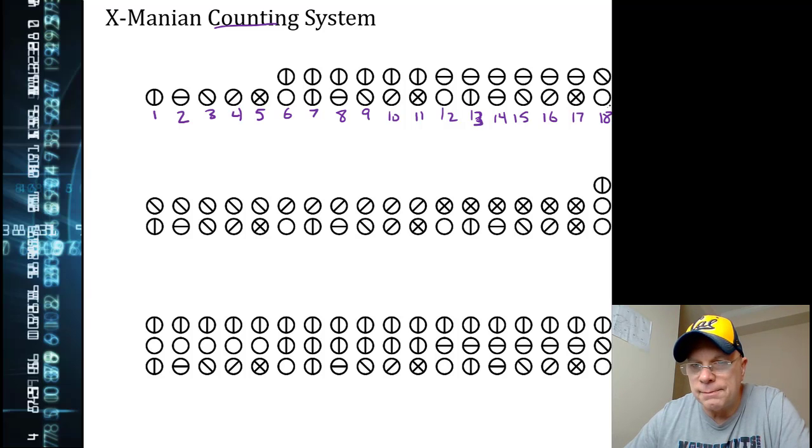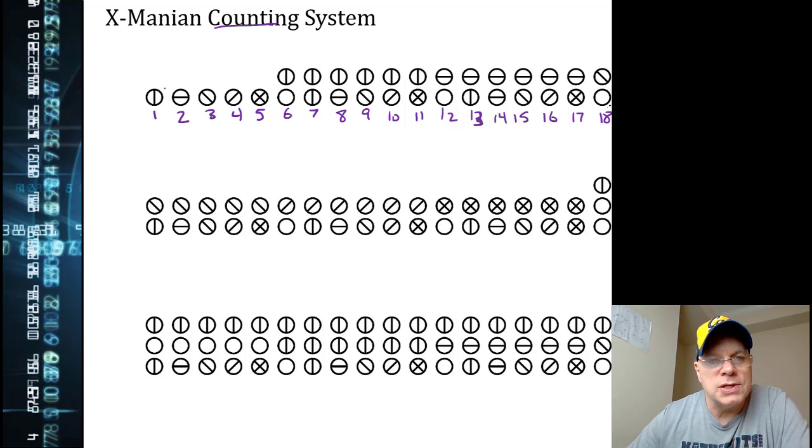When you look at their numbers, obviously they look very different from ours, different looking symbols, but there are some similarities to our number system. You see 1, 2, 3, 4, 5. It looks like there's only 5 different symbols representing numbers, but then on the 6, you see one that is open, like there's nothing inside of it.